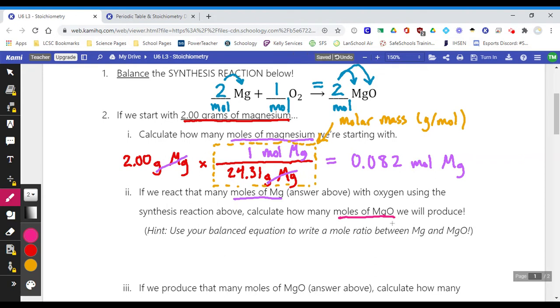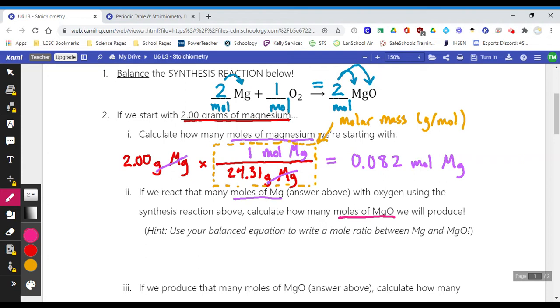Usually if we wanted to figure out moles of MgO, we'd start with grams of MgO or particles of MgO and do a calculation like what we did up here. But we don't have any of that information. The only information I have is about magnesium. So how do I figure out something about magnesium oxide, MgO, if my only information is based on a totally different chemical? Well, that's what the balanced reaction equation is going to help me with.